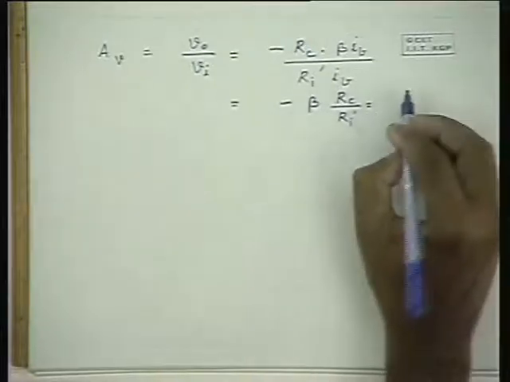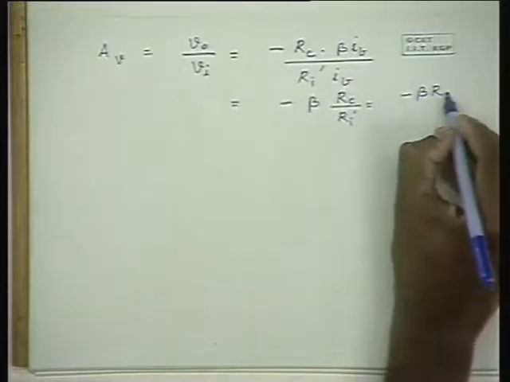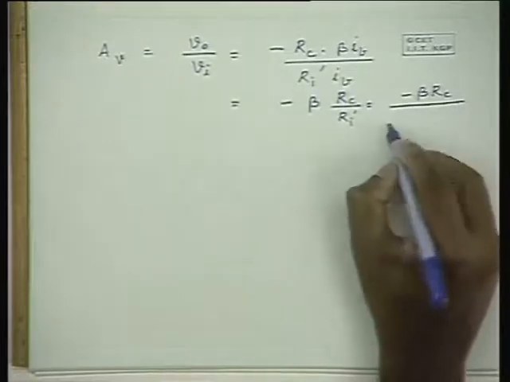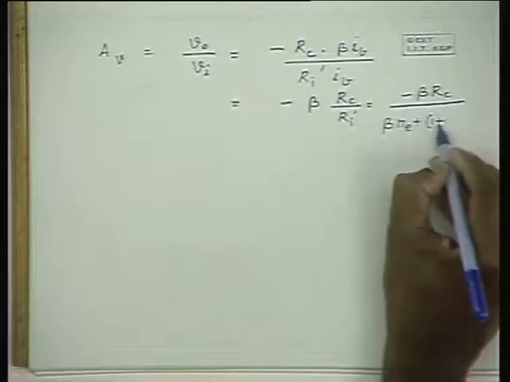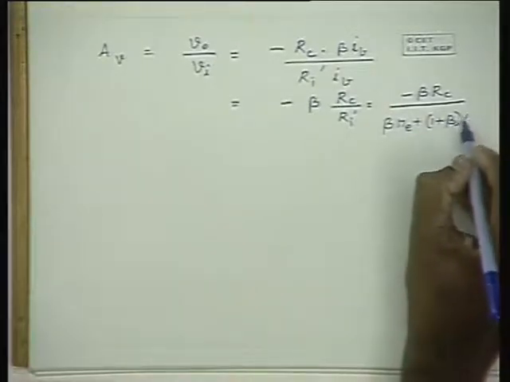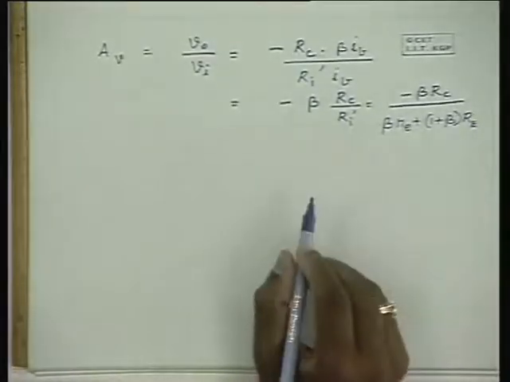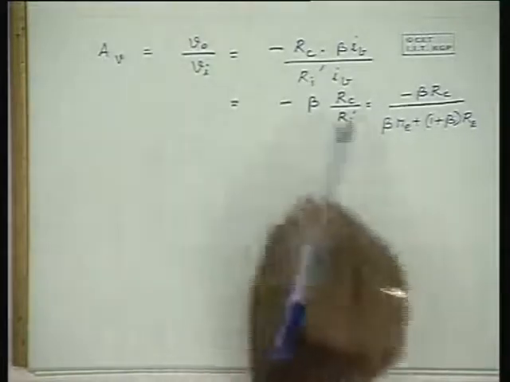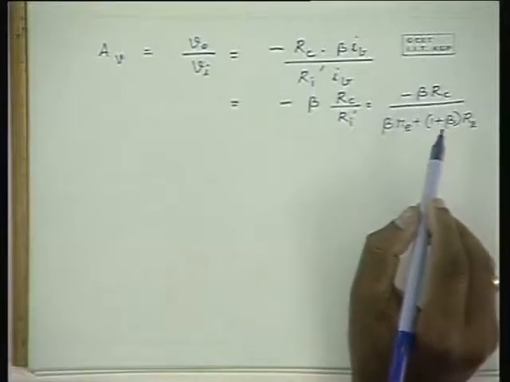If you substitute for Ri dash, which is beta re plus (1 plus beta) into capital RE, you get minus beta RC divided by that expression. This is a fairly accurate expression for the voltage gain, and please note that the voltage gain is negative for the same reasons I gave in the last class. There is a phase difference of 180 degrees between the output and input.